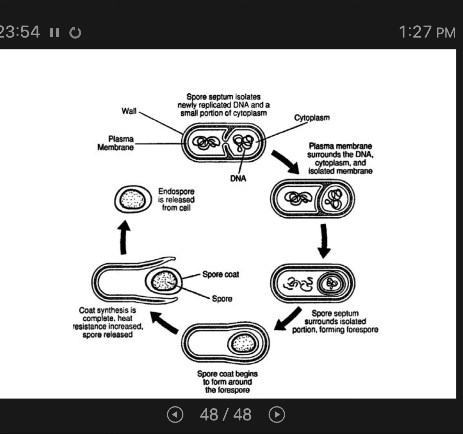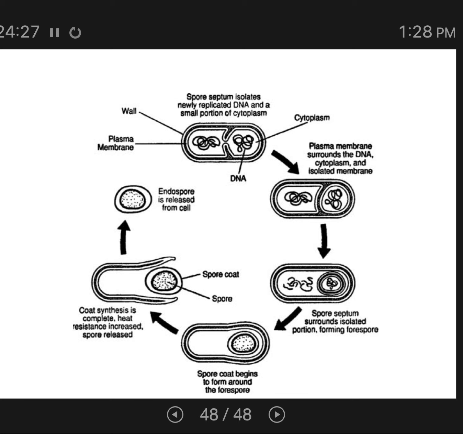And yes, the phospholipid bilayer is sensitive to phenols, because phenols will disrupt lipids. But if the phenol can't even get through, the problem is the phenol's not going to get through that protein coat, right? The protein coat is going to be a shield against phenols. Now, if you soak an endospore in phenol long enough, the phenol will start to act against the protein coat, but the phenols act most effectively against lipids.